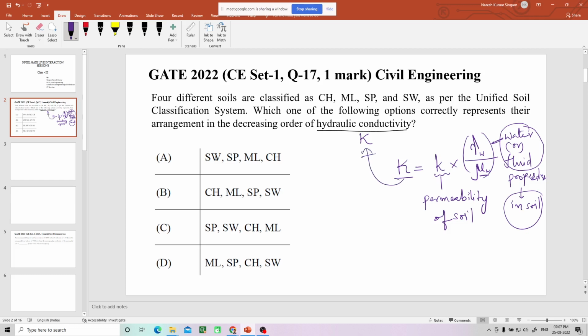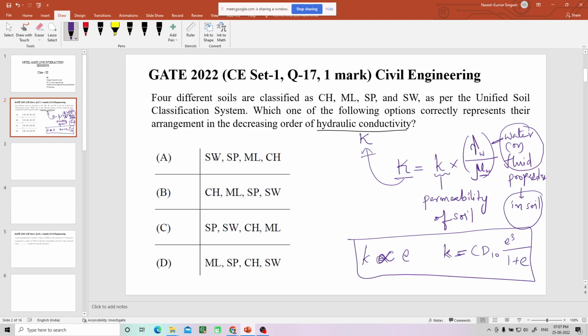Now, permeability of the soil is proportional to the diameter and the void ratio. You can write the formula as k = C D10 squared e cubed over 1 plus e. This is the formula for small k, permeability.